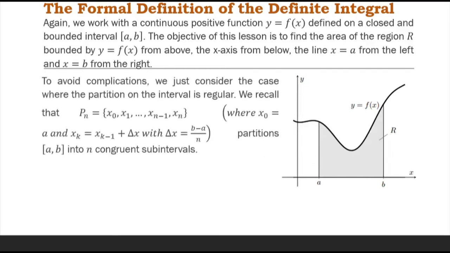To avoid complications, we just consider the case where the partition on the interval is regular. We recall that the partition P sub n is equal to the set of x sub 0, x sub 1, and so on up to x sub n minus 1 and x sub n, where x sub 0 is a and x sub k is equal to x sub k minus 1 plus delta x, with delta x equal to b minus a all over n.